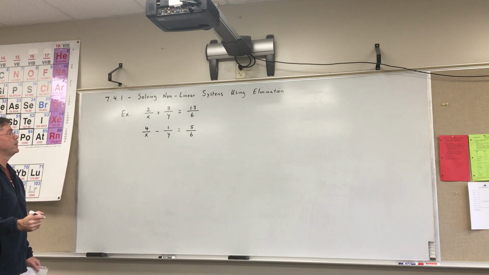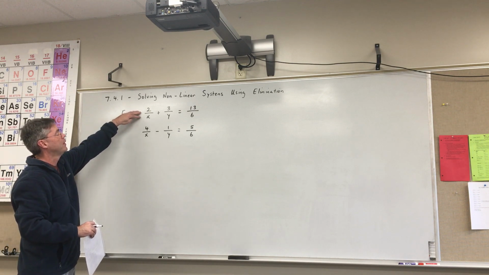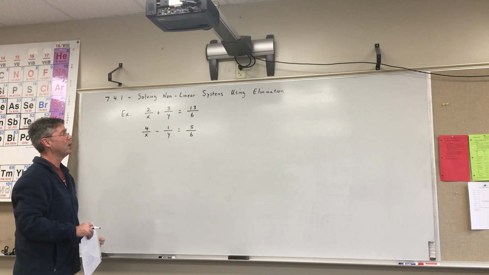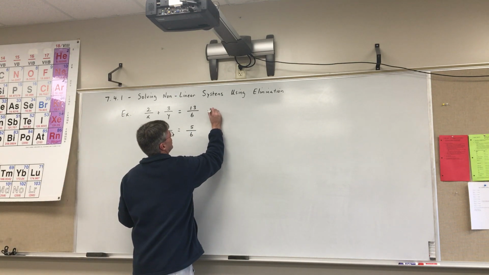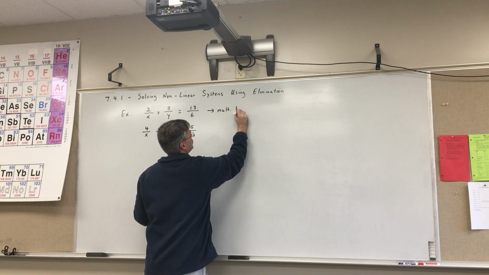We could work with either the x's or the y's. If you were to multiply the top by 2, then we could eliminate the x's. If you were to multiply the bottom by 3, you could eliminate the y's. Either one's fine. I'm going to work with the x's. So let's multiply this top equation by 2.